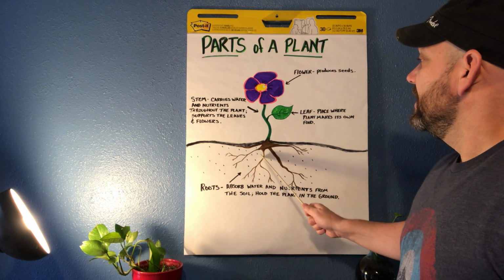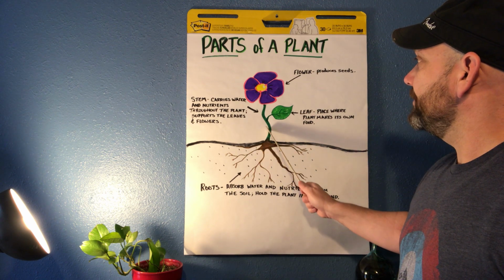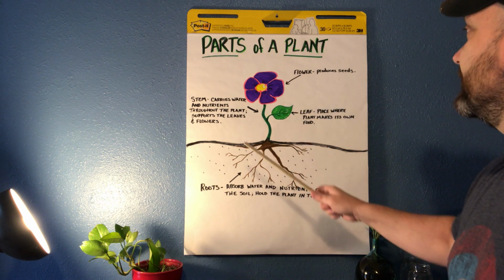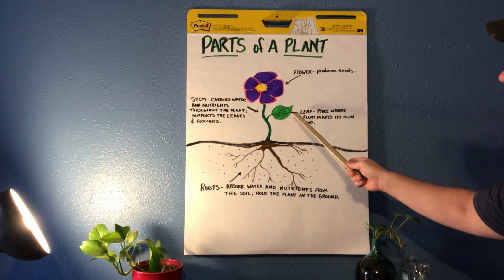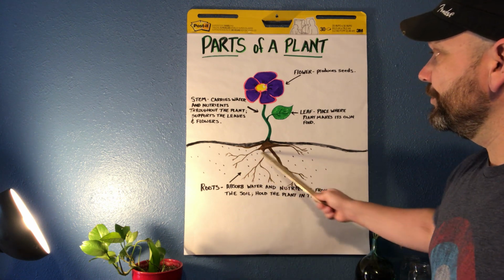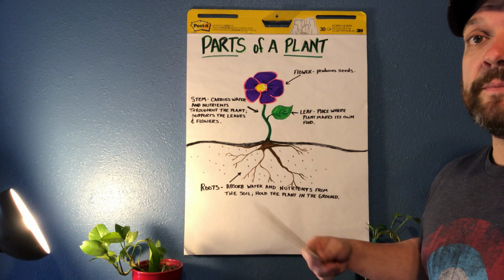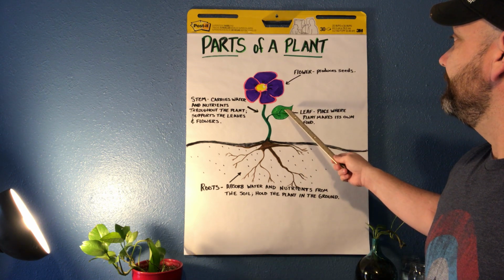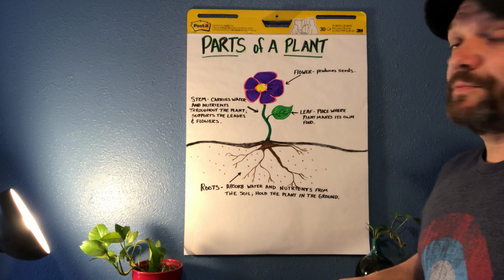So nutrients come up through the stem, and then they're passed along to the leaves and the flowers. The leaf is the place where the plant makes its own food. It takes what it's gotten through the roots and converts it using sunlight, and we'll talk about that later. That's called photosynthesis. And then we've got the flower, which produces the seed.